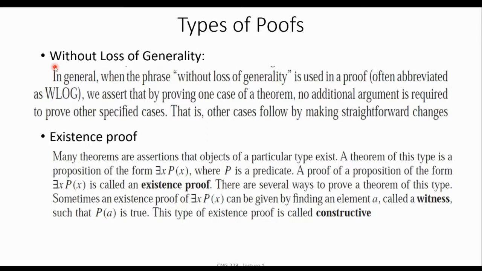Another famous method of proof is "without loss of generality," and we can also show the abbreviation of that, WLOG. This one is especially useful for sequences or series in mathematics.